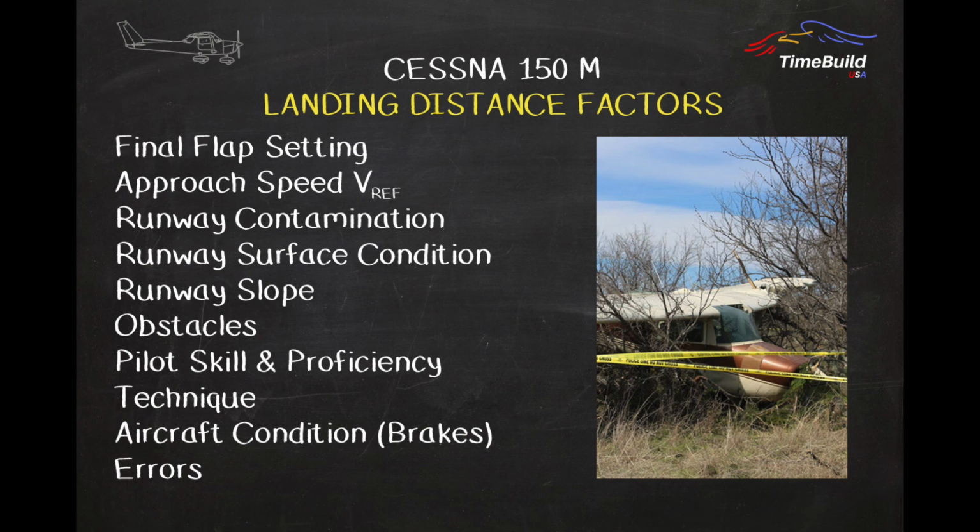Obstacles in the approach path that result in a higher than normal approach glide path may require additional runway. Of course, pilot skill and technique, just like with the takeoffs, also factor into the actual runway used, as does the aircraft condition, such as the condition of brakes. And just as with any computation, errors or reliance on inaccurate data, such as winds, can lead to erroneous results, the classic garbage in, garbage out situation.